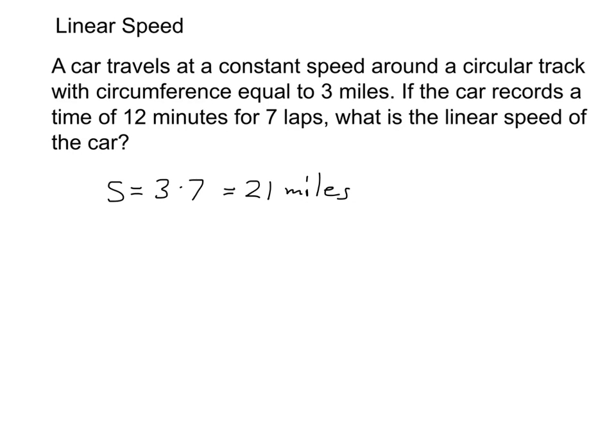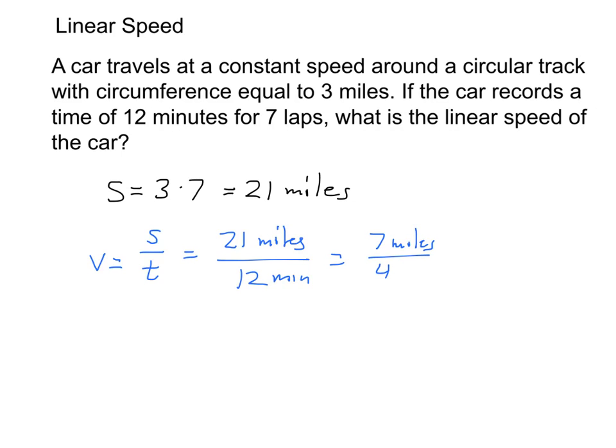And now, since the car was going for 12 minutes, V is equal to S over T, which in this case is going to be 21 miles over 12 minutes. And when you reduce that, it comes out to be 7 miles over 4 minutes, or 1.75 miles per minute.